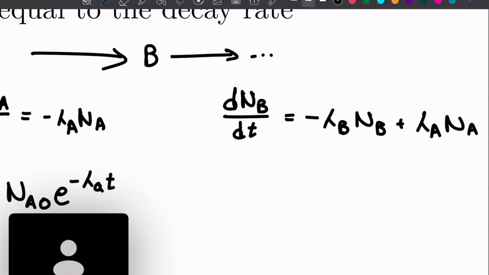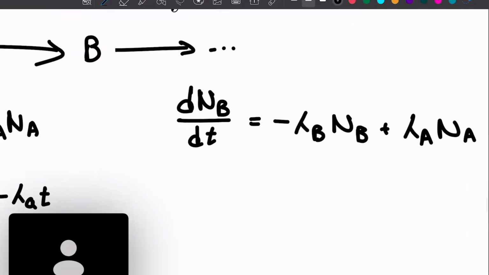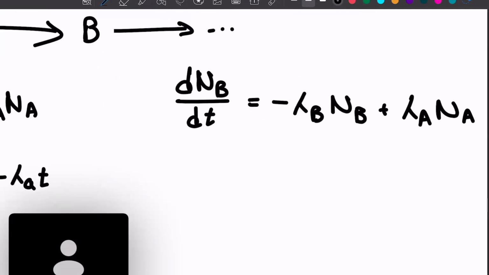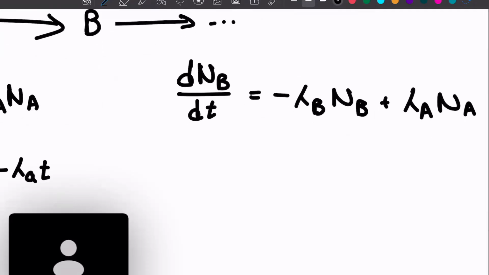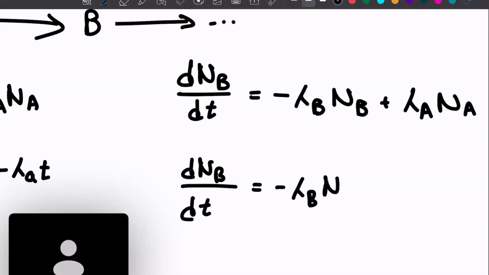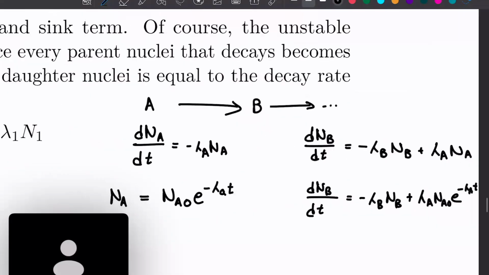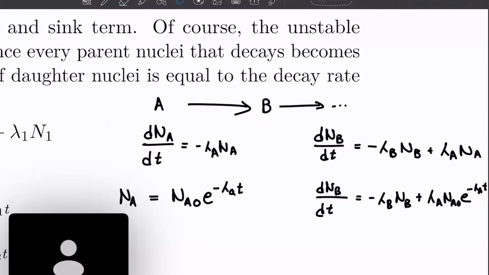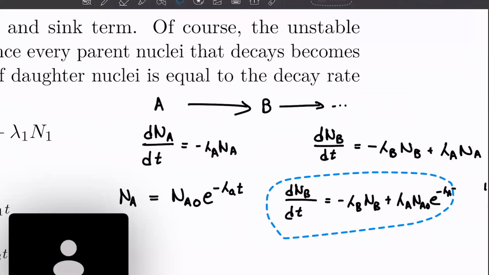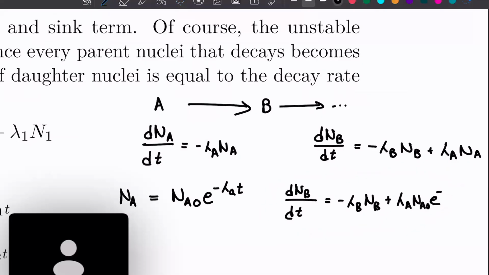So this is your ODE, right? Solving this ODE, it looks okay. Maybe you can just do a separation of variables, but then if you realize this one is okay, but this N_A itself is actually like this, this is a bit problematic, right?